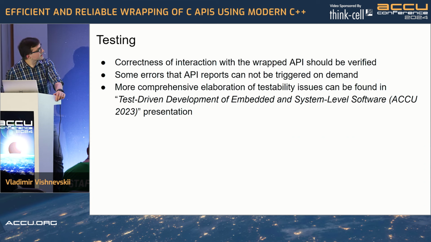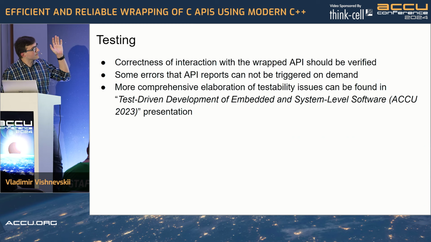And for this, yes, we need to use some approach. Some of the ideas that I would like to revisit were already shown in the talk "Test-Driven Development of Embedded and System-Level Software" last year.